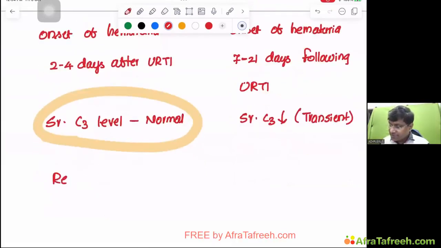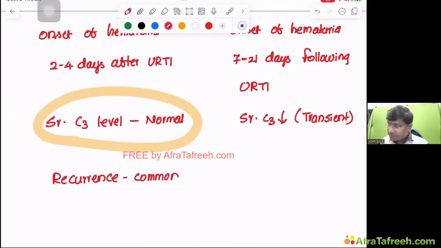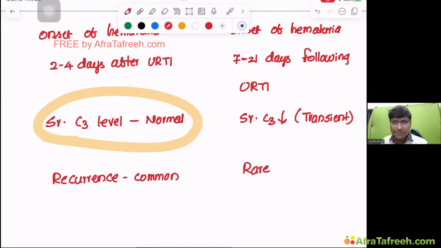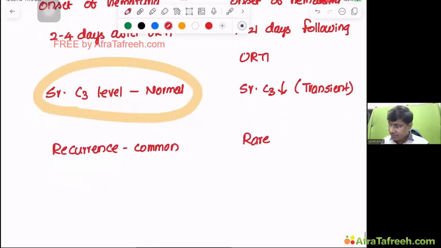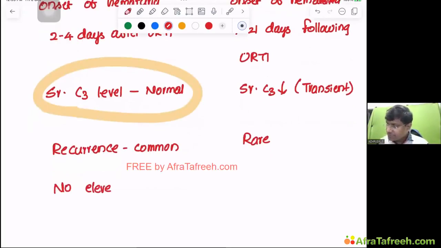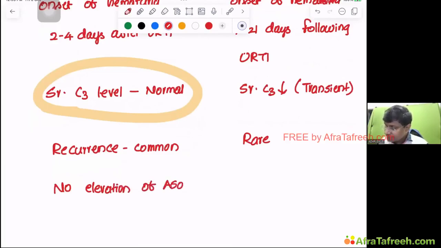And what about the recurrences? Recurrence is common in IgA nephropathy. It is rare in post-streptococcal glomerulonephritis. And in IgA nephropathy, there is no elevation of ASO titer.